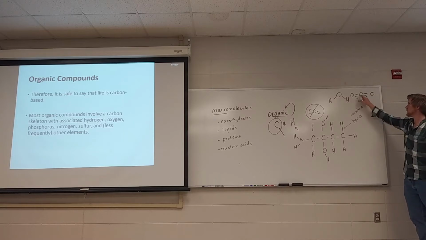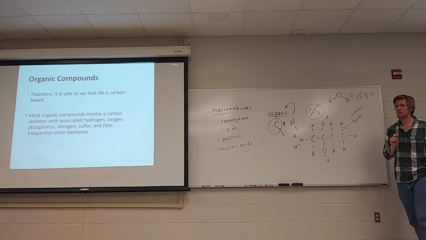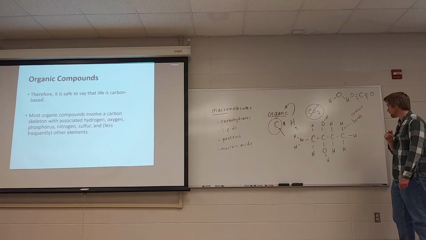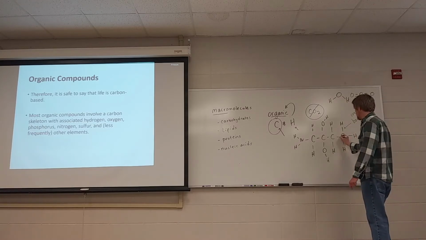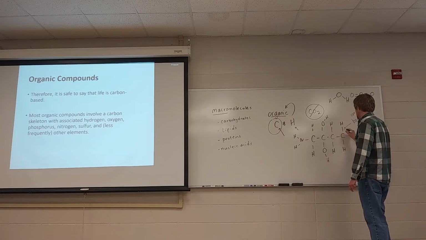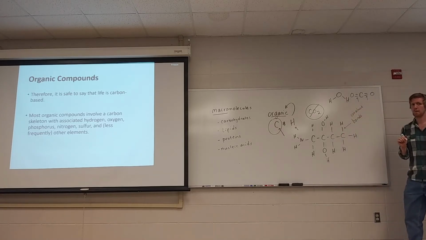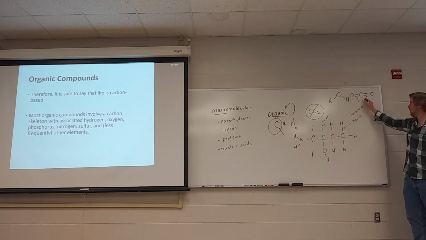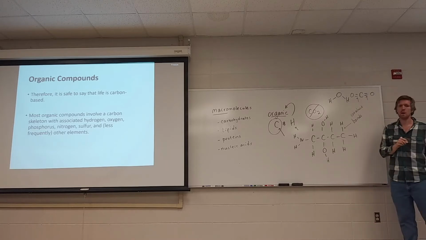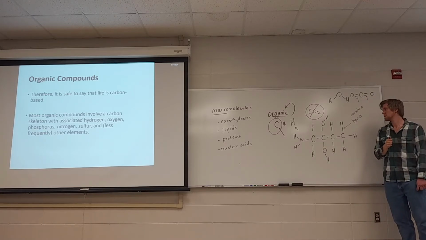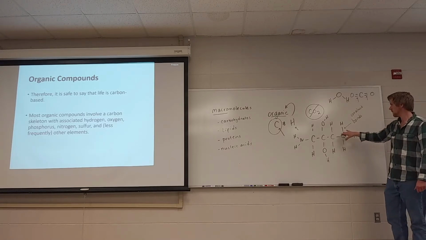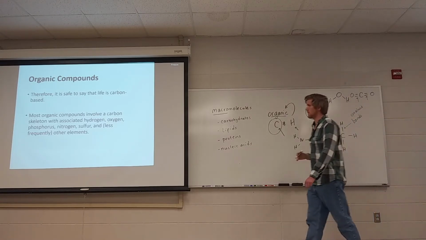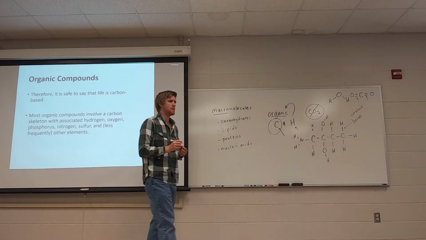That means there's two pairs of electrons being shared and not just one. Notice how carbon always has 4 lines, 4 bonds that it's forming. That's because carbon needs 4 electrons to become stable, and so it virtually always forms 4 bonds in order to achieve that stability. So just an FYI with that.